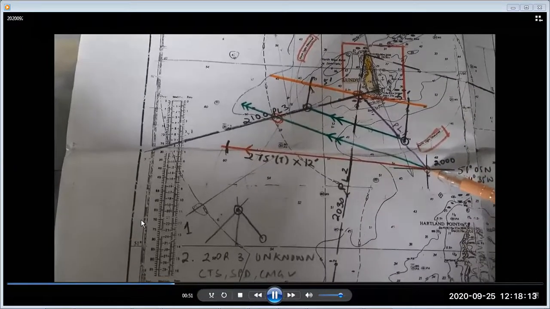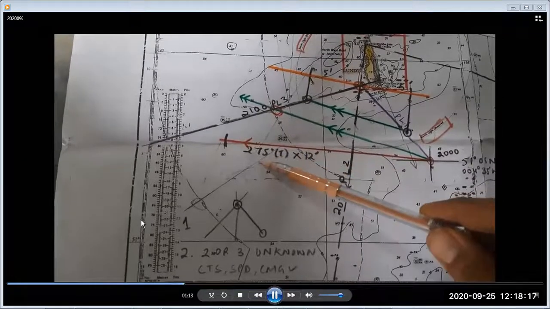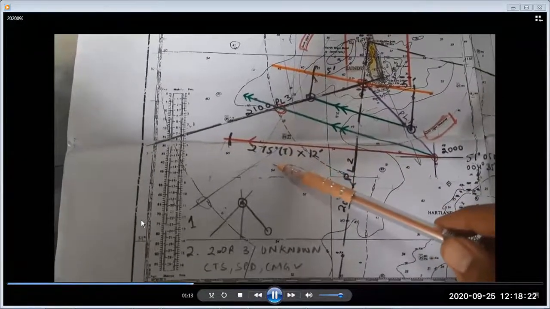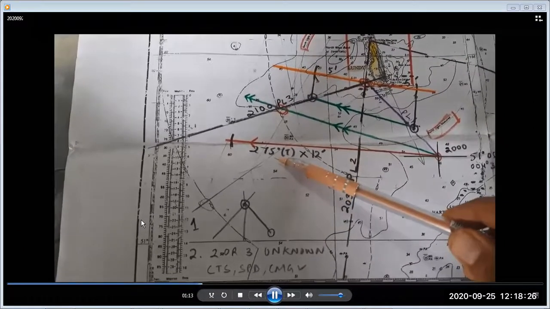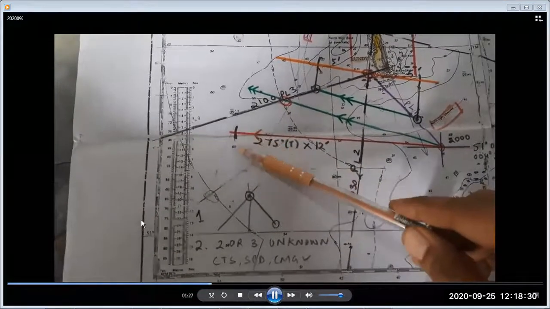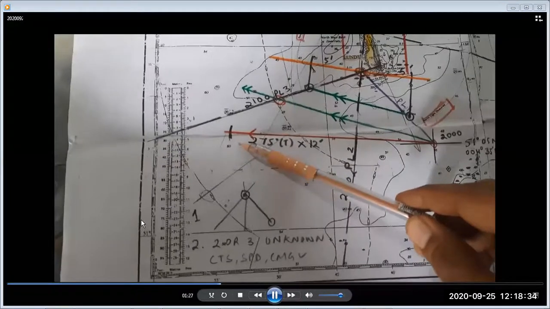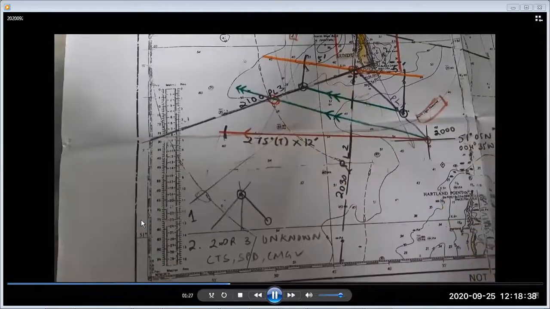And to find the set and rate, we plot the course to steer 275 because 273 gyro and 2 degrees low, so you add 2 degrees and you get 275 degrees true. And we cut an arc of 12 miles because engine speed is 12 knots as per the question paper. And from here we will join this to get the set and drift.